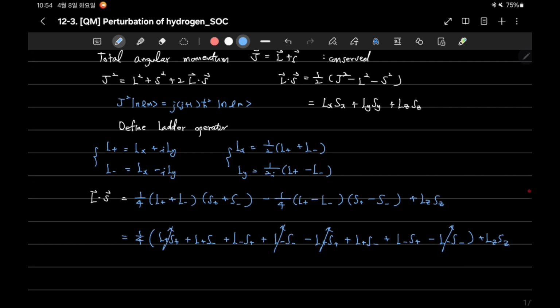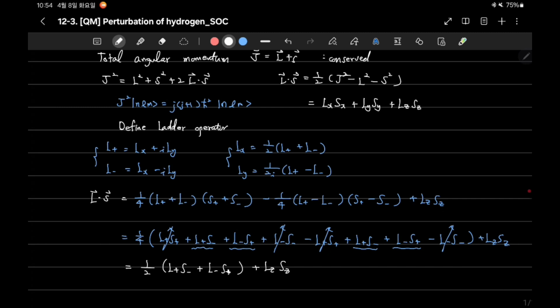So the L minus S minus terms cancel with each other, and also the L plus S plus terms cancel, and the L plus S minus and L minus S plus terms each appear twice. So it is 1/2 (L plus S minus plus L minus S plus) plus L_z S_z.